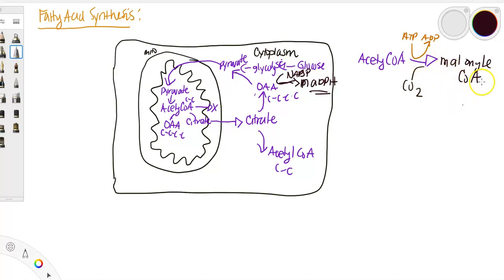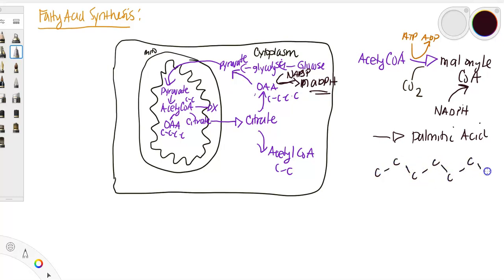We add in the NADPH, and we get palmitic acid. Basically, we get acetyl-CoAs coming together and forming palmitic acid.